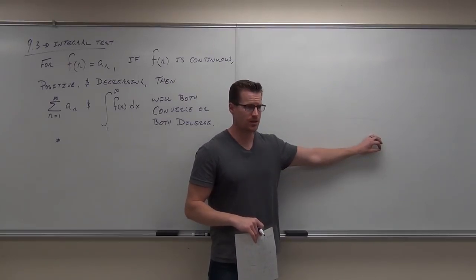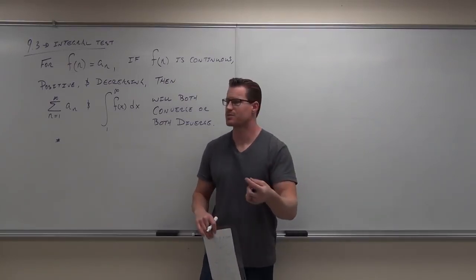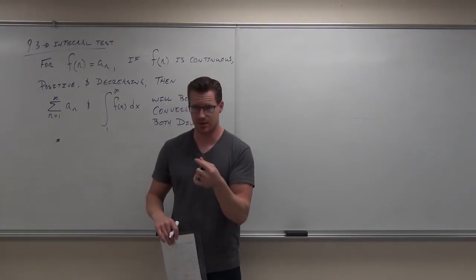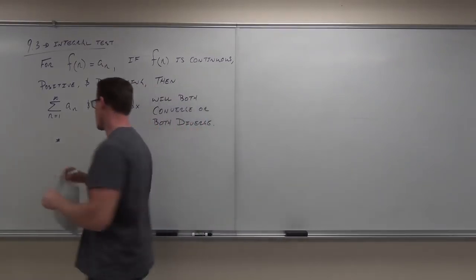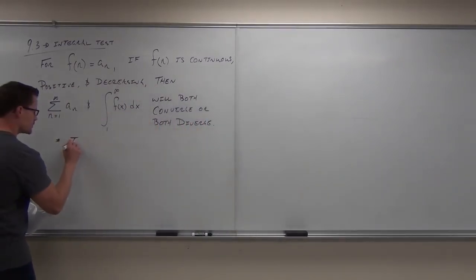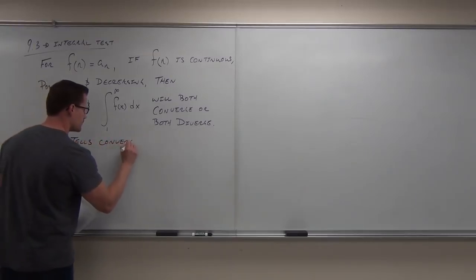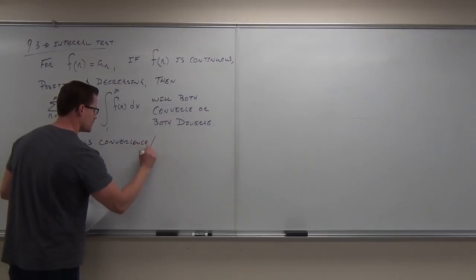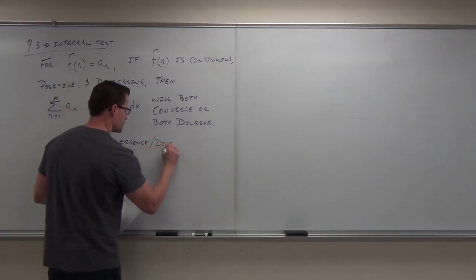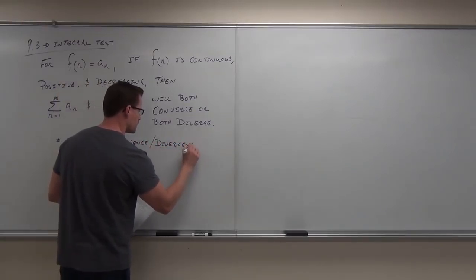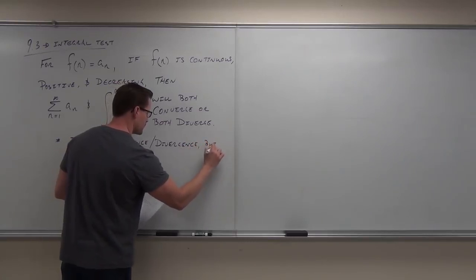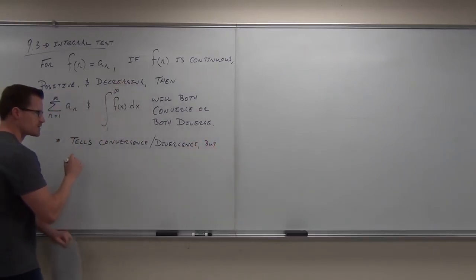No, it's not. It just tells you that the series also converges, but it doesn't tell you what the sum is. Are you very clear on that? Okay, so this will tell convergence or divergence, but does not necessarily give the sum.